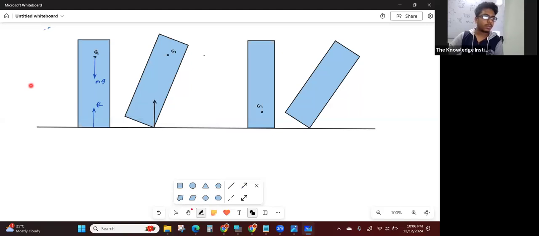Here the R. And for this one, its weight acts vertically downwards, mg.